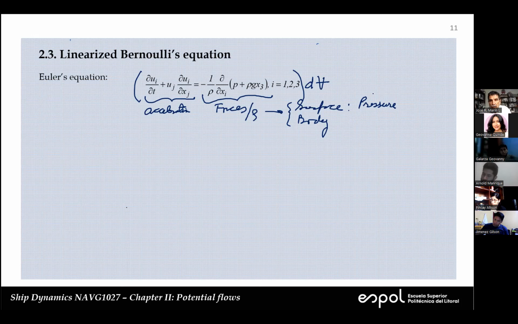To apply this action, pressure, you need contact, surface to surface. And for the body force, you don't need contact. Remember, from the center of the earth, you are being attracted in this direction. That's the origin of this force. You don't need contact. And the only body force that we're going to be considering is the gravitational attraction.